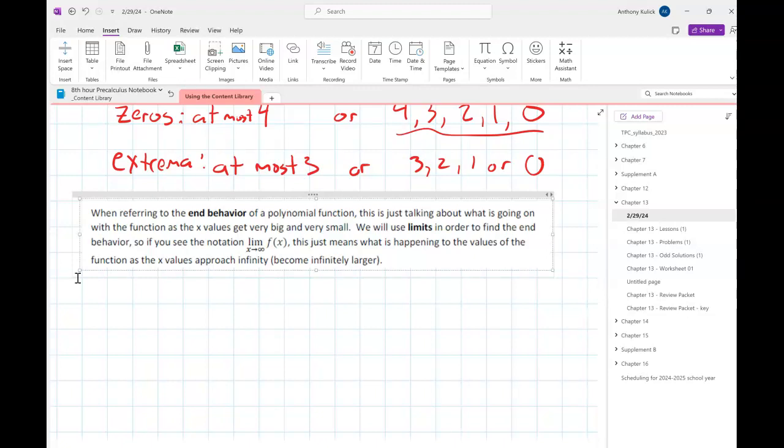And if the graph is discontinuous, you might have some arrows in the middle. Polynomial functions are always continuous. So you're only going to ever have 2 end behaviors for a polynomial. So you're going to have what the left arrow is doing and what the right arrow is doing. Everybody's okay with this? To describe these end behaviors, we're going to use the limit notation that we used from first semester.